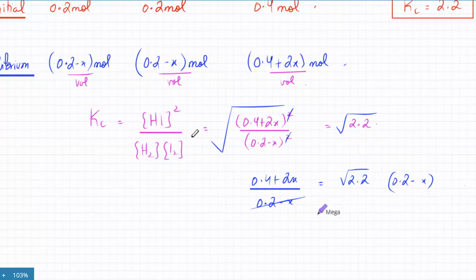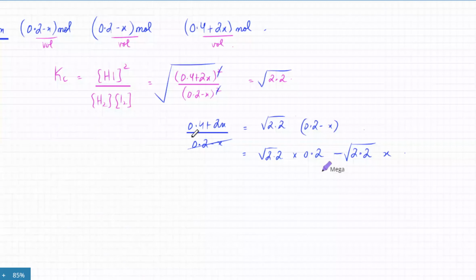This would be 2.2 under root into 0.2, and the other one would be minus में होगा, minus x into, so it would be minus 2.2 under root x, और ये सारा किसके इक्वल है? 0.4 plus 2x. It's going to be equal to 0.4.